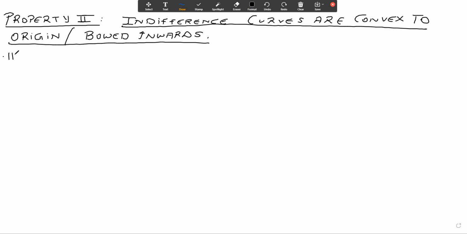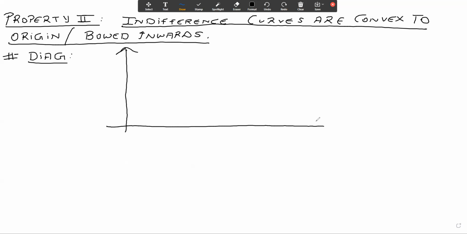So when I draw a diagram, let's take an interesting example. Sometimes we are in a dilemma, should we have ice creams or should we have chocolates? As children, suppose we have two commodities, ice cream and chocolates.